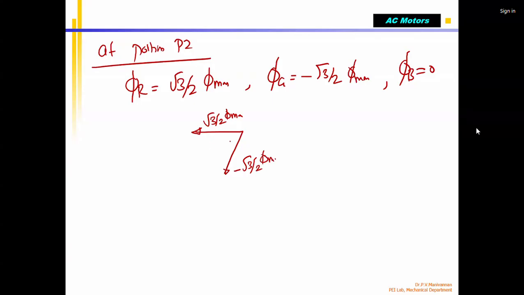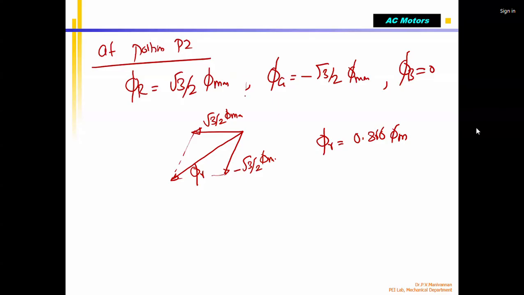The resultant vector phi r is going to be like this. This can be connected by a parallelogram. So phi r is going to be 0.866 into phi max.